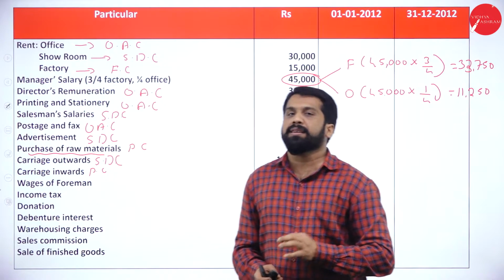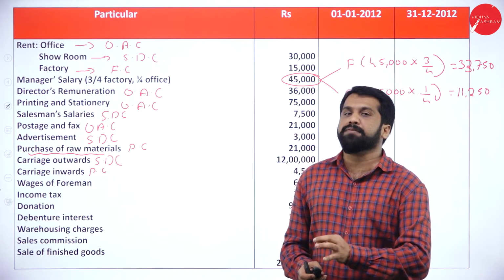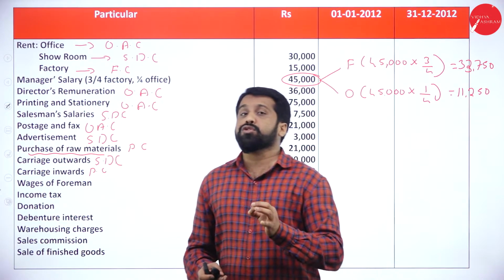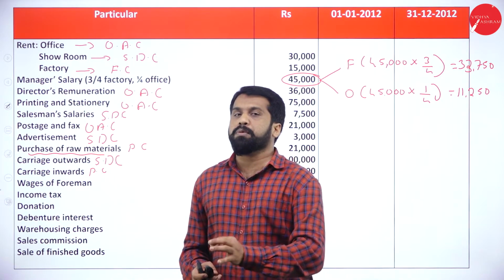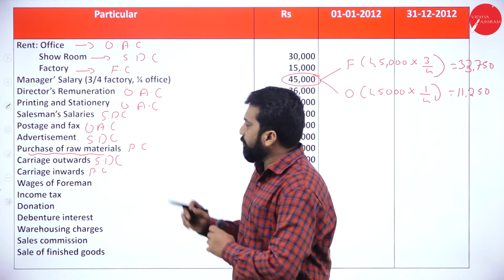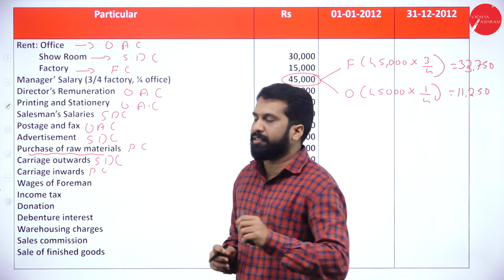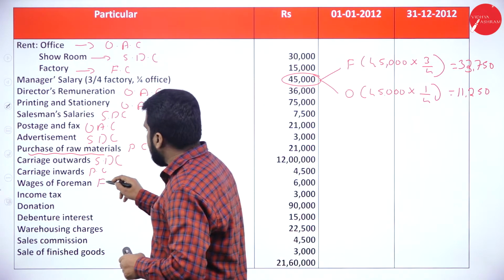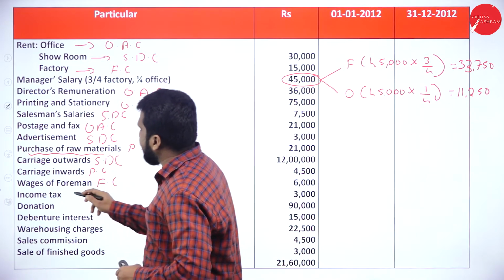The foreman, who is nothing but a supervisor who supervises the work of labor. Normally he will be in the factory. So, factory cost.